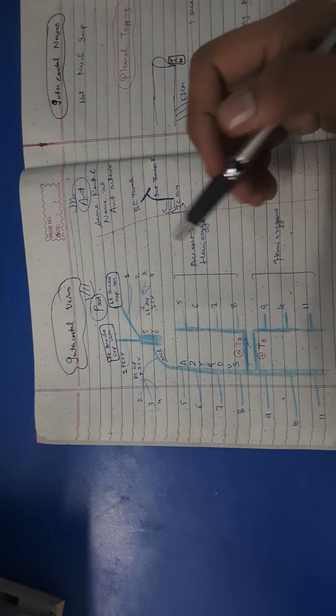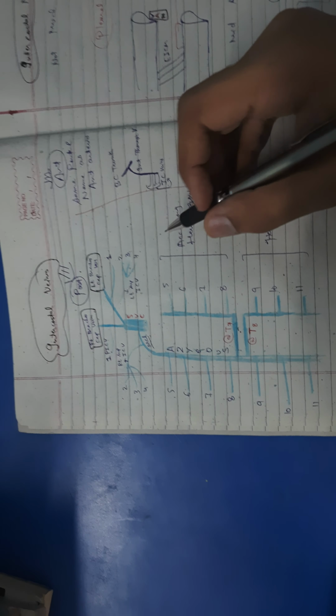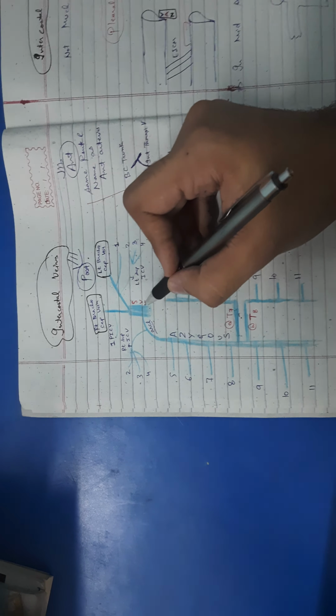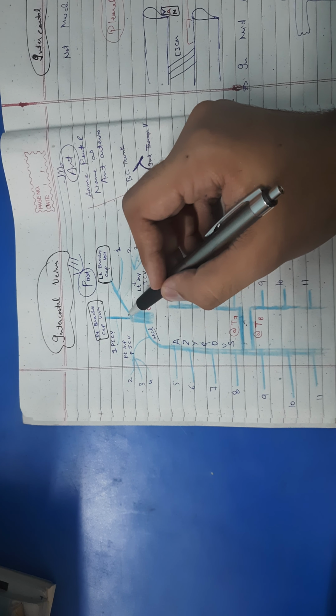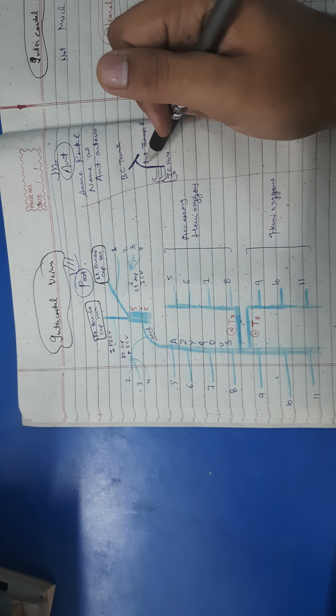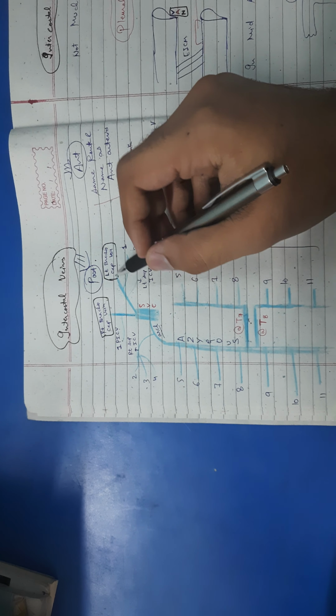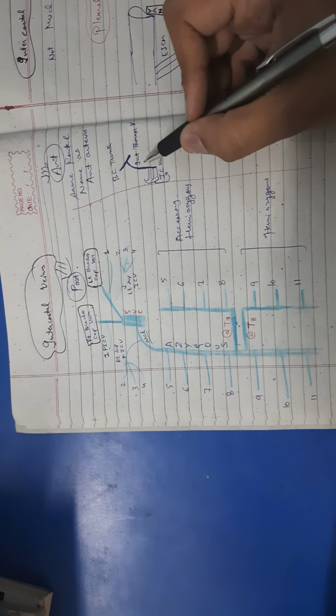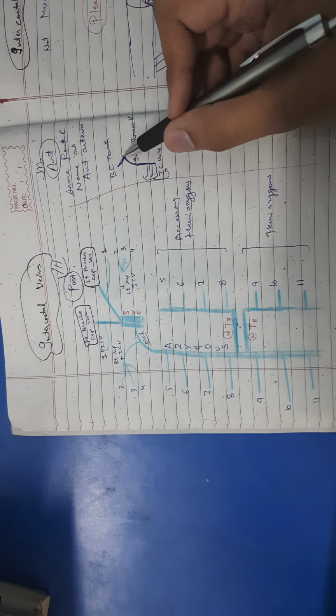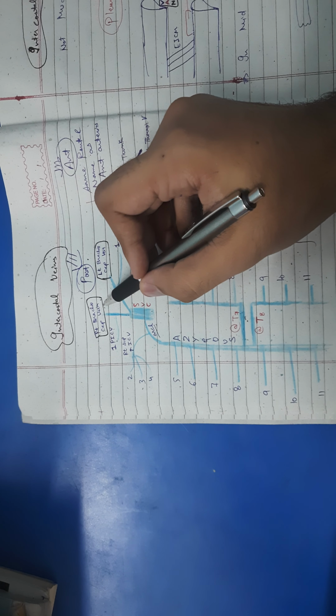Then posteriorly there is the azygos and hemiazygos system. So this is your superior vena cava, this is the right brachiocephalic vein, and this is the left brachiocephalic vein. Our internal thoracic vein also drains into the brachiocephalic vein.